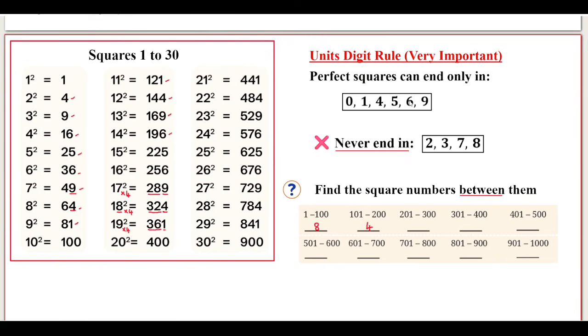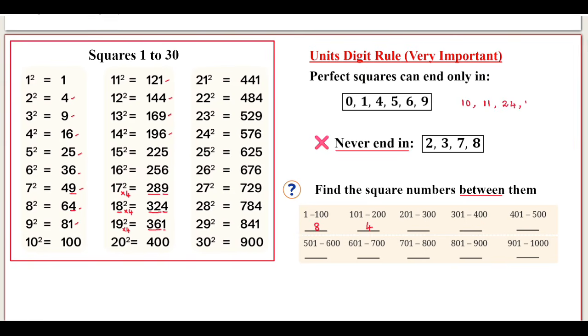Definitely we cannot say that if the number is ending with 0, it's a perfect square number. Okay, why? Because let us take the number 10. Okay, 10 is ending with 0, is it a perfect square number? No. 11 is ending with 1, is it a perfect square number? No. 24 ending with 4, is it a perfect square number?